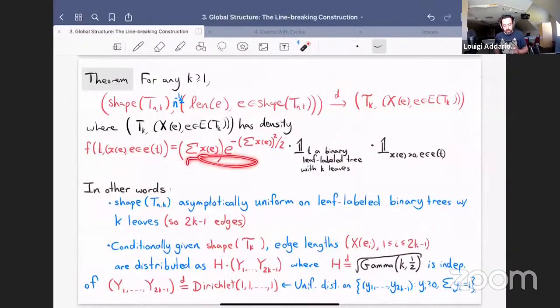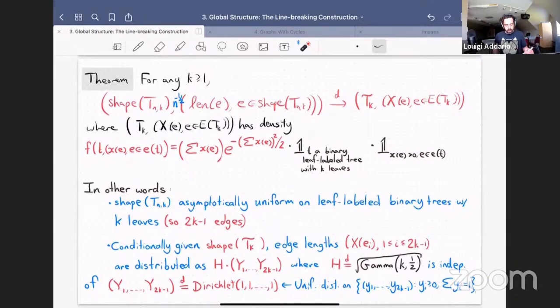So this expression in particular is symmetric in all of these edge lengths, which means that the limiting random tree has exchangeable edge lengths, and moreover, their joint distribution is independent of the tree T, and since the expression of this density only depends on the tree through insisting that it's a binary leaf labeled tree with k leaves, that tells us that the shape is uniform over such trees as well.